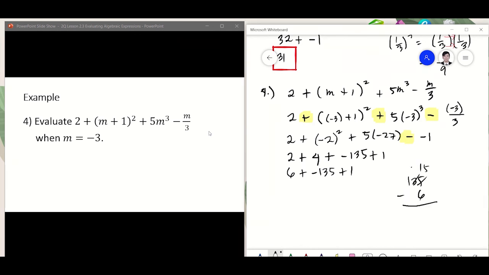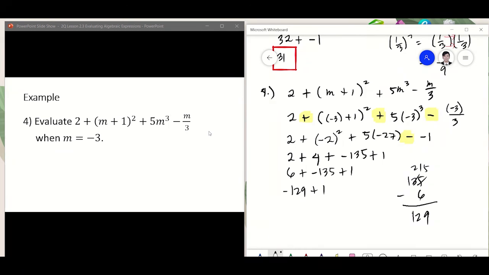So 15, borrow 2 here. Borrow from 3, so it becomes a 2. 15 minus 6 is a 9. Then you have 2, then 1. So 129. But take note that the absolute value of negative 135 is greater than 6. So we follow the sign of negative 135, which is negative.